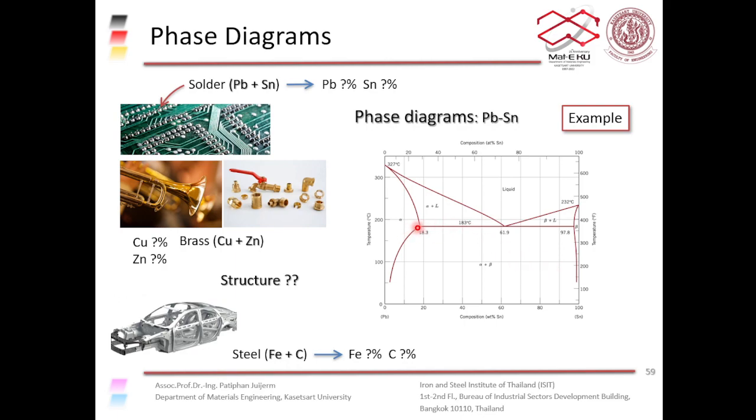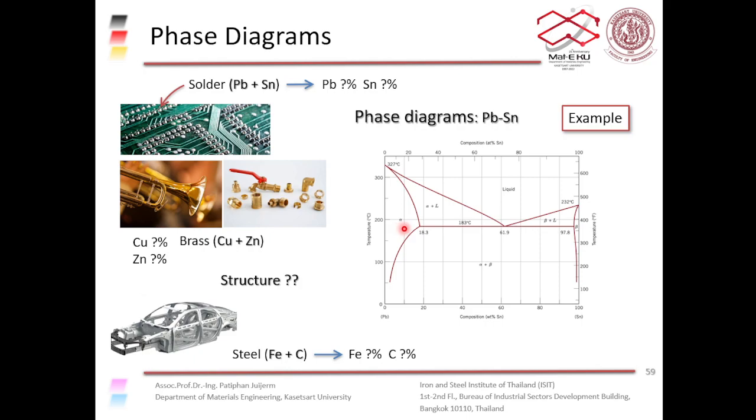So if you add tin to lead with less amount than this line at this temperature, say for example, if you are looking at 183 degrees Celsius, if you add in say 15% tin, you would get just the alpha phase, right?